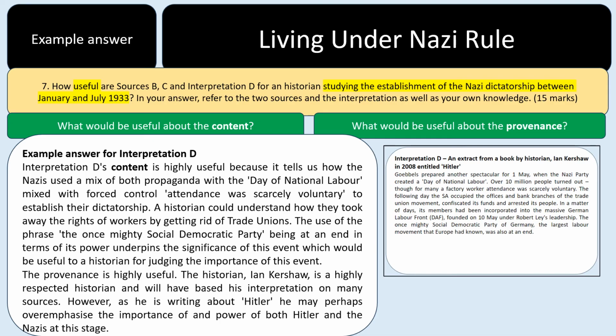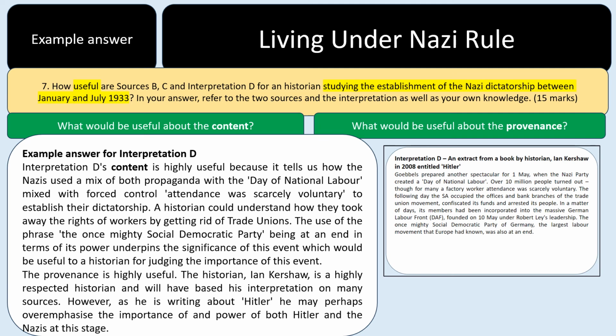The use of the phrase "the once mighty Social Democratic Party" being at an end in terms of its power underpins the significance of this event, which would be useful to a historian for judging the importance of this event. The provenance is highly useful. The historian Ian Kershaw is a highly respected historian and will base his interpretation on many sources. However, as he is writing about Hitler, he may perhaps overemphasise the importance and power of both Hitler and the Nazis at this stage.